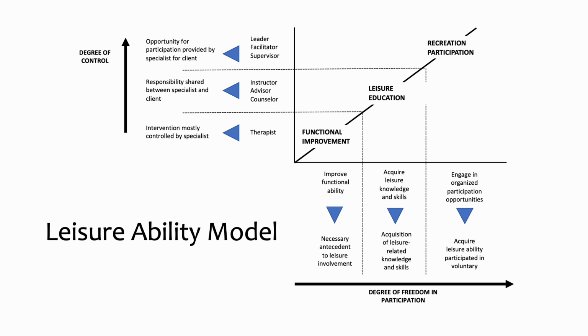So looking at leisure education as the second component of the leisure ability model, that's when we're going to teach knowledge, skills, and attitudes for leisure. These might include leisure awareness, so different assessments on values, attitudes, maybe even taking a personality test, that sort of thing.